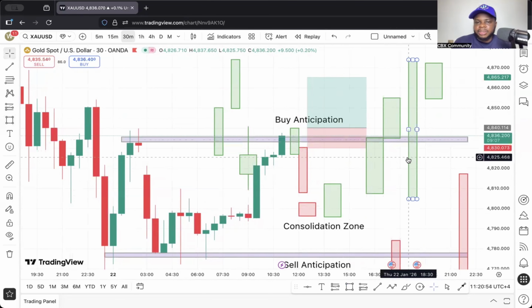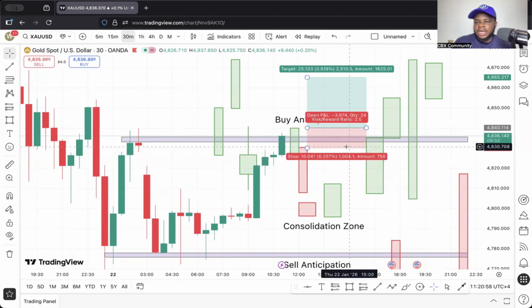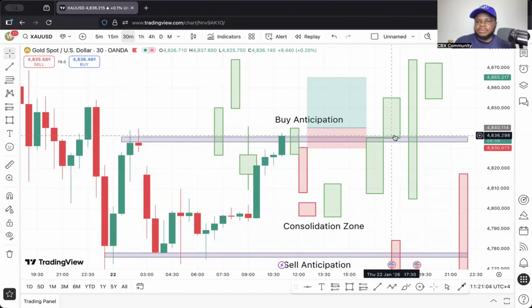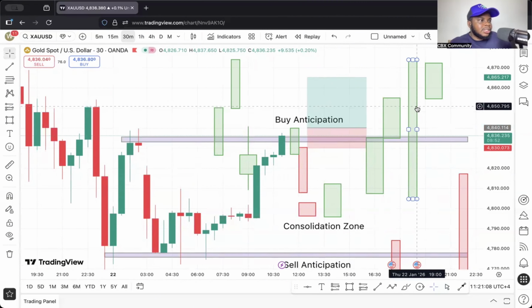Then we are anticipating a very strong bearish candle like this, but there's a high probability that we will see a bullish candle of this form, and another bullish candle of this form. You can as well see something like this, but it's only when you have a very strong volume, or maybe there is news, something happened, before you are able to see a very strong candle that will print this way.